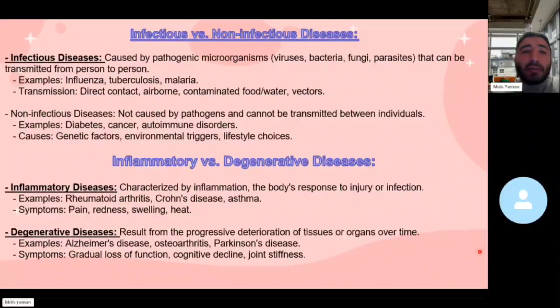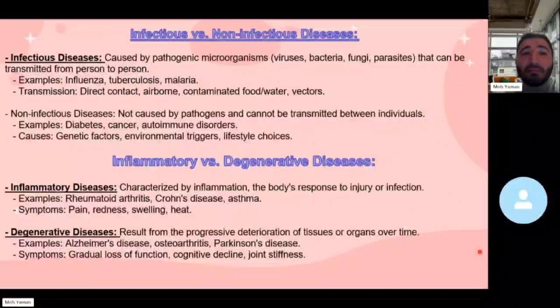Infectious and non-infectious disease. You know, there are many diseases caused by pathogenic microorganisms: viruses, bacteria, fungi, and so on. Influenza, like I have right now. Tuberculosis, malaria. Transmission can be by direct contact, airborne, vectors.